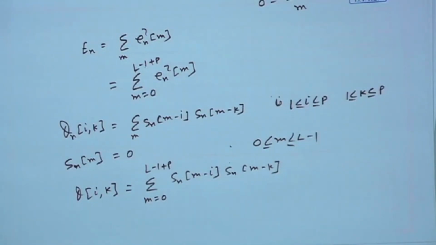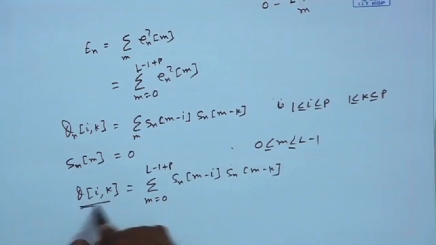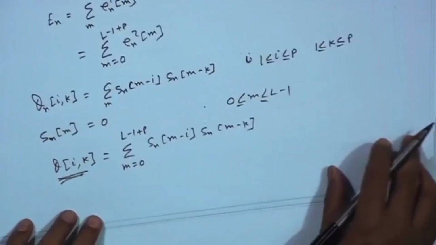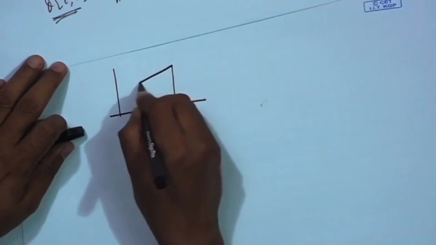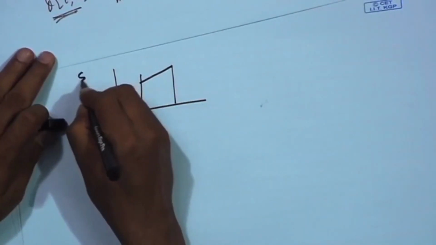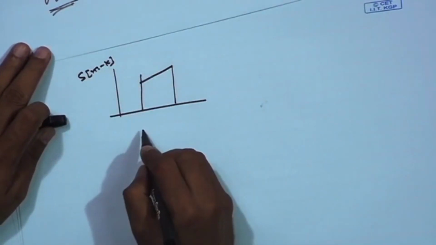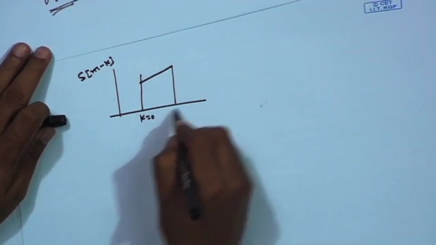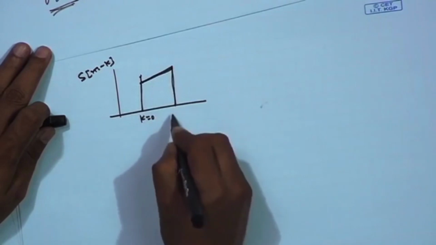Now, this extraction of phi i k is only possible if I see, let us take this is my window, and this is S n m minus k, the window of length L shifted by k.